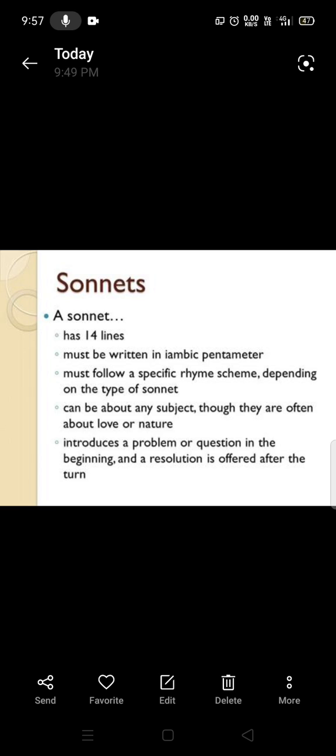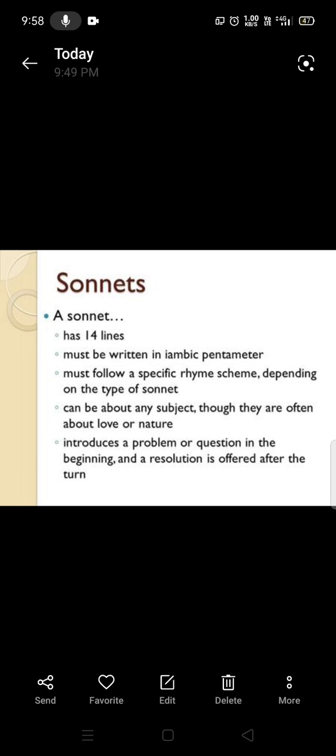We have various sonneteers, poets who wrote sonnets or sonnet sequences in English poetry. We have writers like Sir Philip Sidney, Edmund Spenser, William Shakespeare, Elizabeth Barrett Browning, John Keats and Wordsworth, and even later in modern literature.